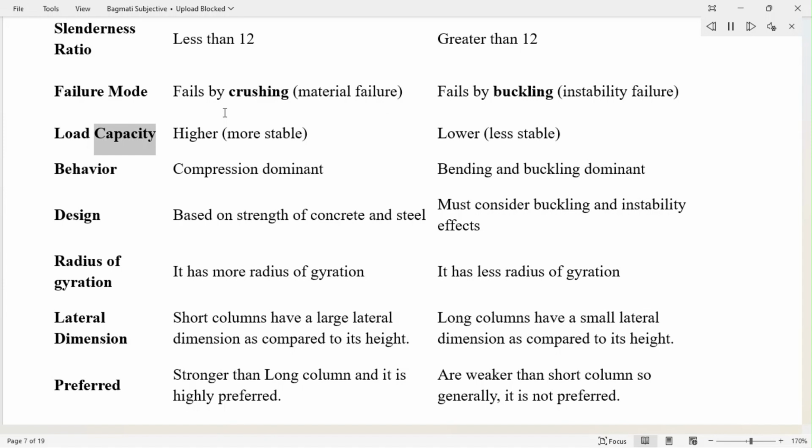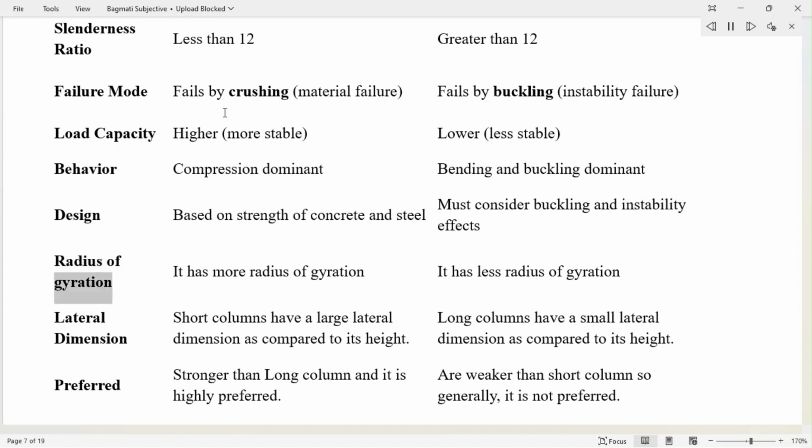Load capacity: higher and more stable; lower and less stable. Behavior: compression dominant; bending and buckling dominant. Design: based on strength of concrete and steel; must consider buckling and instability effects.